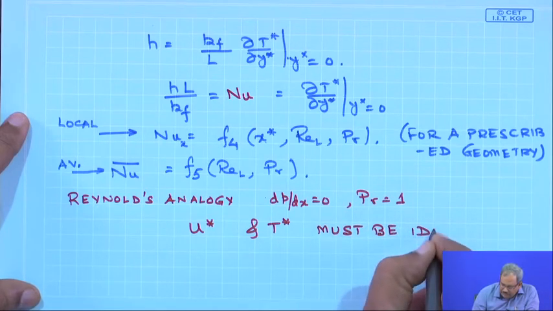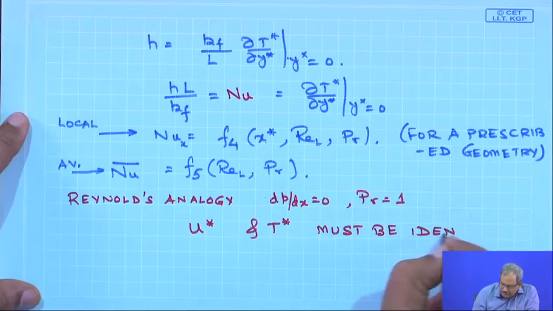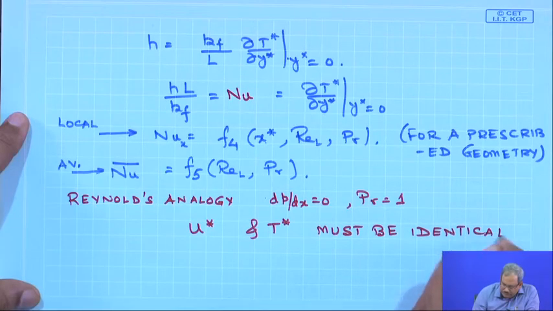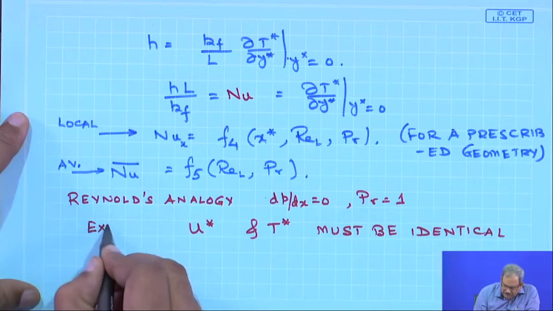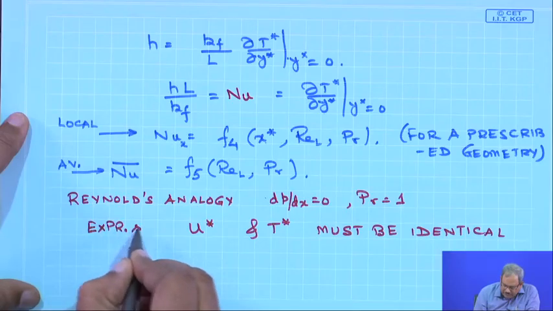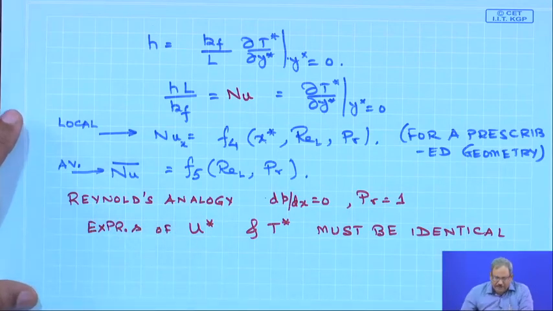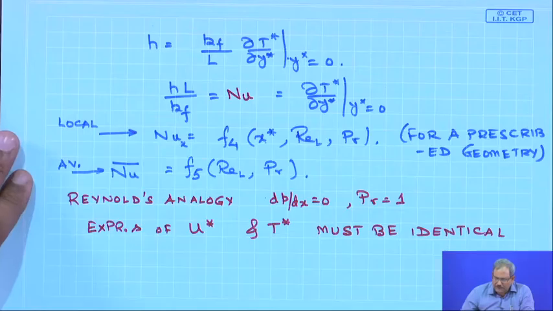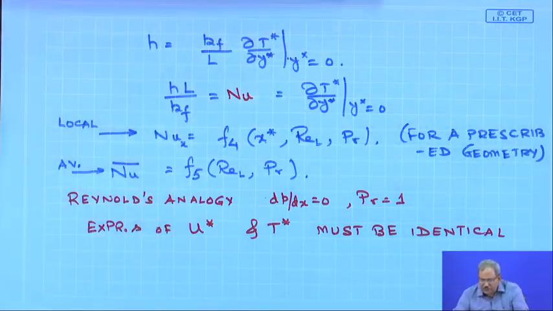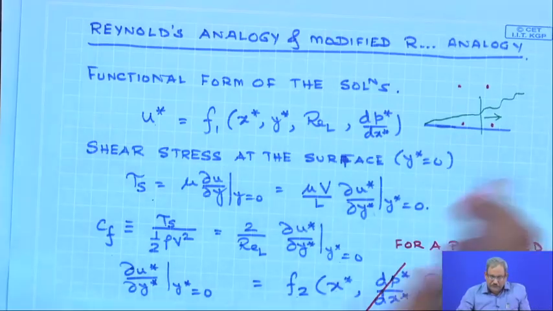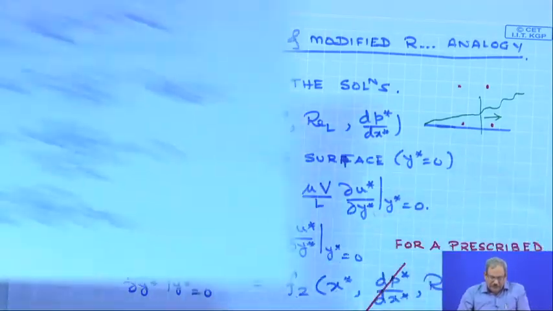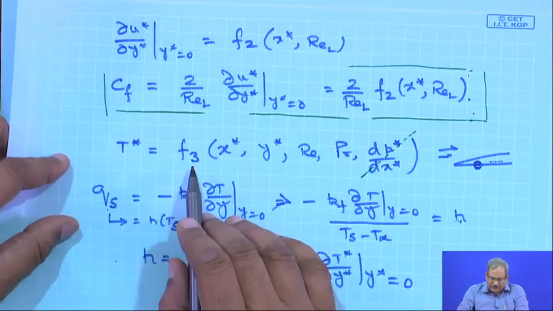This is what we were discussing so far. So, what is the expression of T star and u star? u star is f1 and T star is f3.